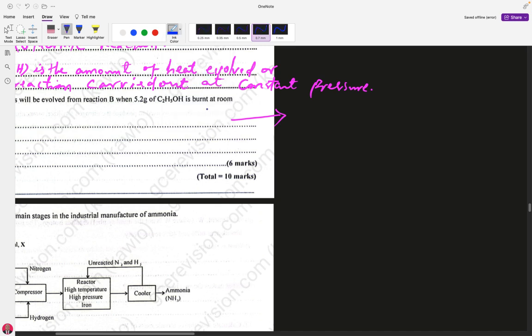Ethanol is C2H5OH. Of course, that is liquid.